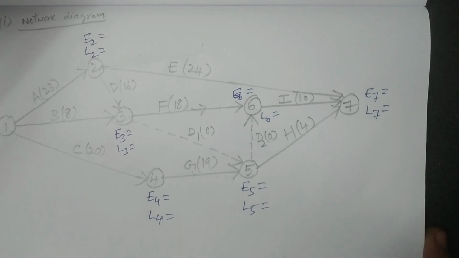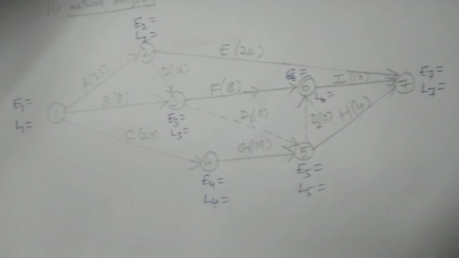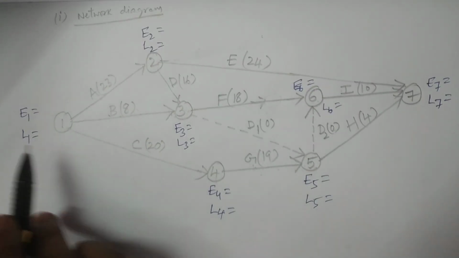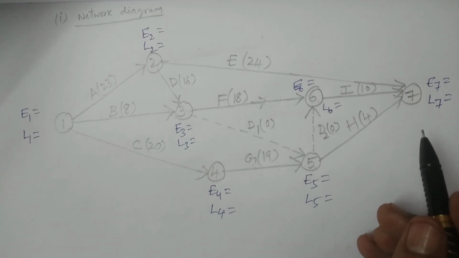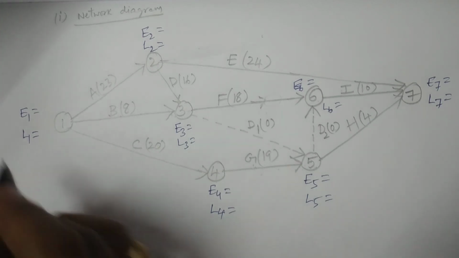Is it visible to you, right? Now I start the forward pass calculation from 1 to 7 nodes.